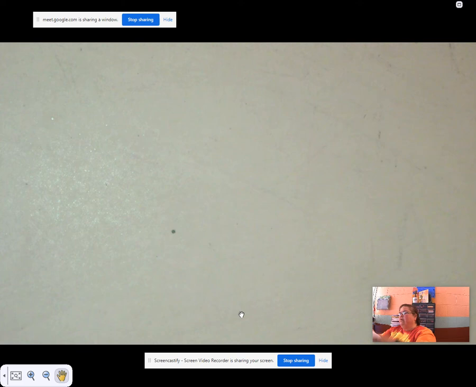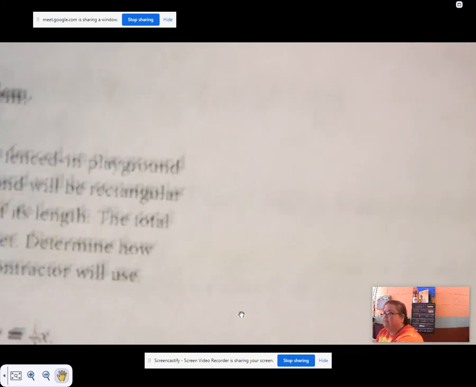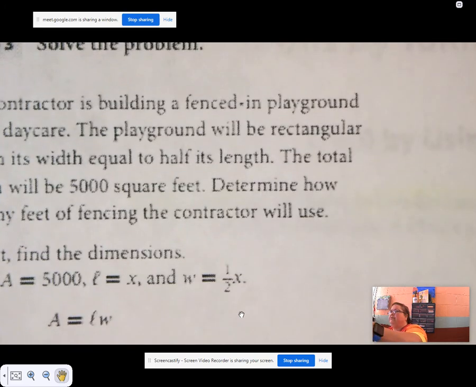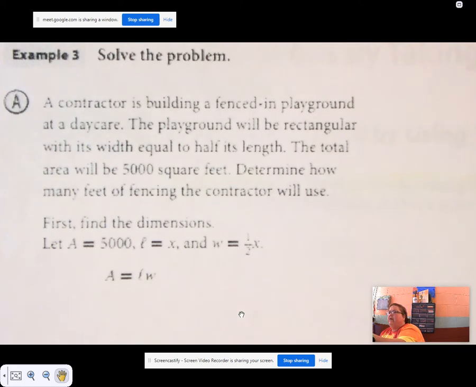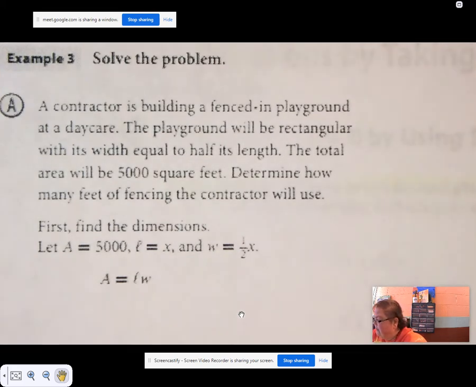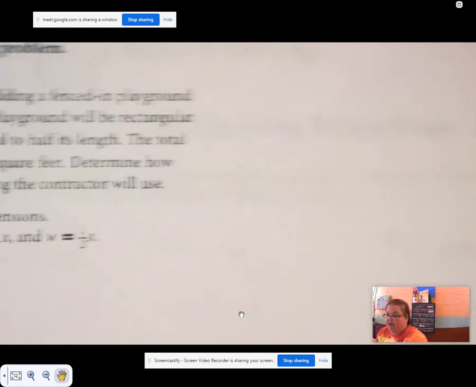Okay, turn the page. We're going to talk about this real world situation here. And I'm going to show you how we go from area to perimeter. Here we go. A contractor is building a fenced-in playground at a daycare. The playground is rectangular.